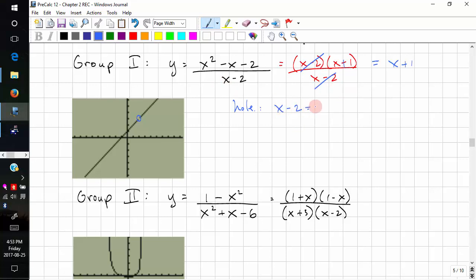So x minus 2 equals 0, x equals 2. And normally it's good to specify the coordinates of the hole. 2, 1, 2, 1, 2, 3. So the coordinate of the hole is 2, 3. We also want to notice that in group 1, this one doesn't have a vertical asymptote and it has no horizontal asymptote.